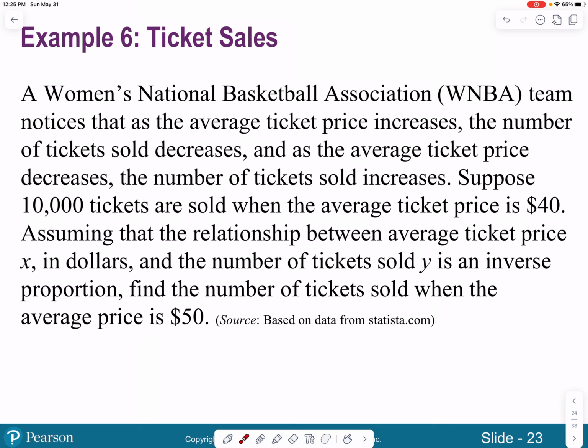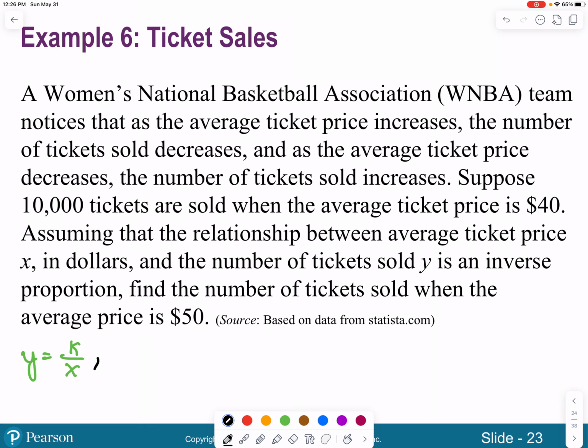Okay, so if they're inverse, let's take some notes here real quick. If they're inversely proportional, then it should be the case that y equals k over x. Now they gave us some information. When 10,000 tickets are sold, the price is 40, the average ticket price.